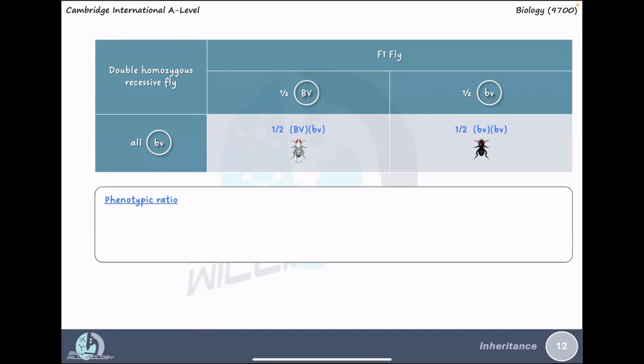So when the F1 flies are crossed with a double homozygous recessive fly in the context of linked genes, we won't get the 1:1:1:1 ratio according to the Mendelian dihybrid ratio, but we will get a 1:1 ratio of gray body, normal wing to ebony body, vestigial wing.